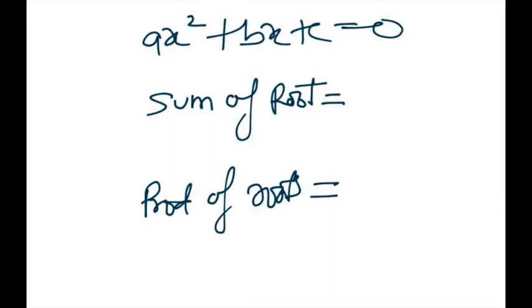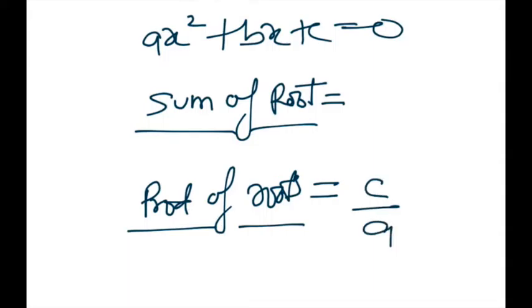So this is an important thing to remember. Product of roots is nothing but c by a, and sum of roots is nothing but minus b by a. Just remember this. It can be useful to you guys in any of the multiple choice questions.